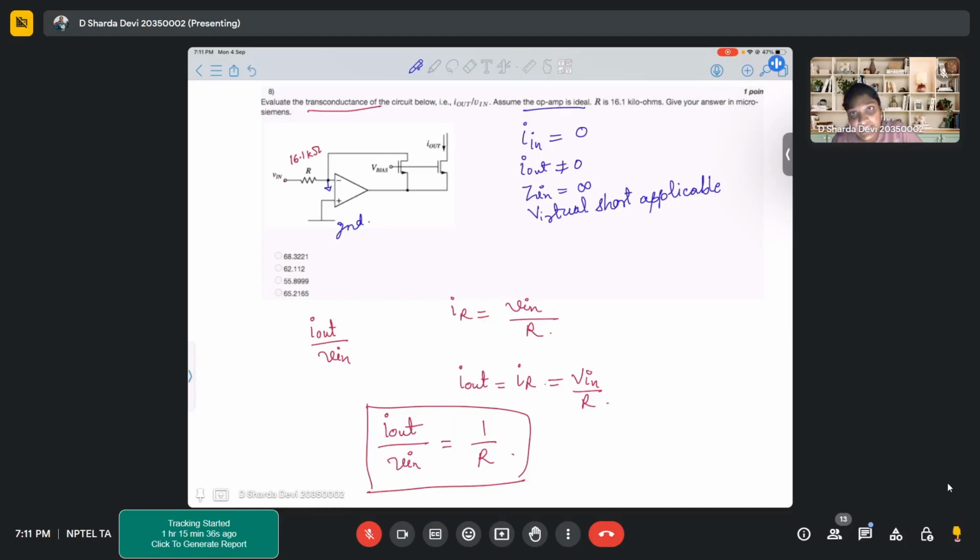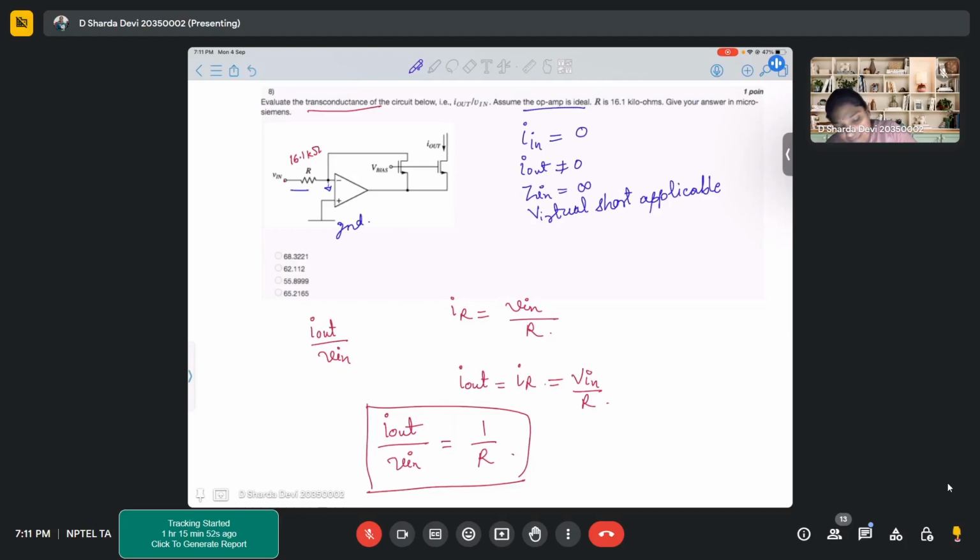But mind you, this is a virtual ground, not a real ground, so let's make it a dotted ground. Here the voltage we'll consider to be 0.